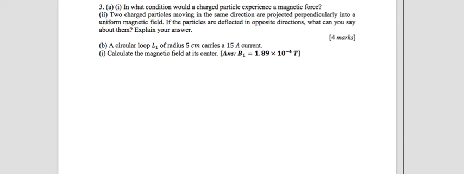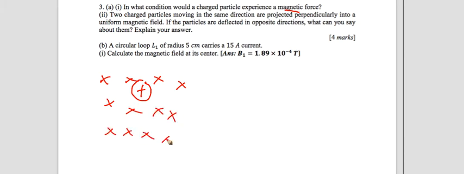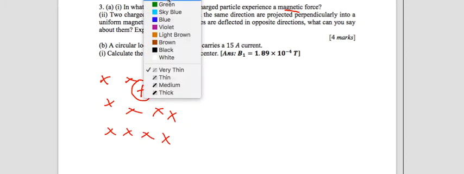Question number 3. In what condition does a charged particle experience magnetic force? Let's say you have a positive particle, a proton. When the proton enters the region of magnetic field B, right?